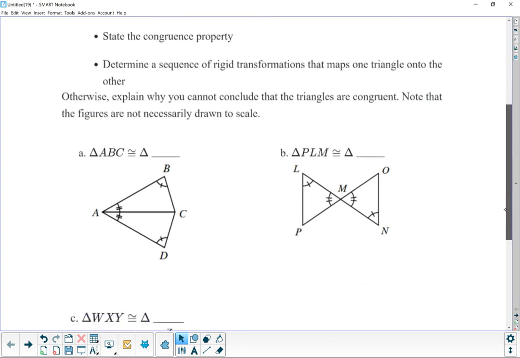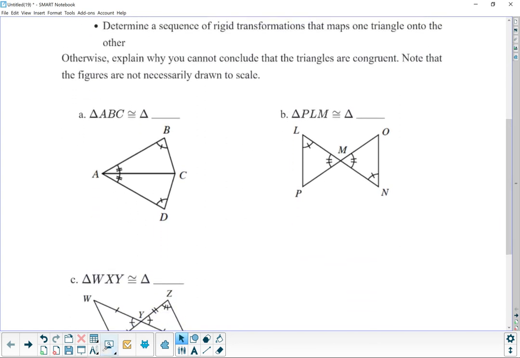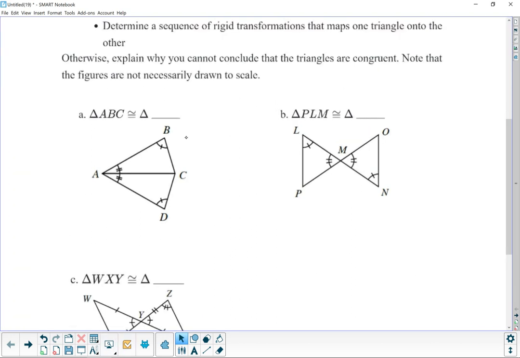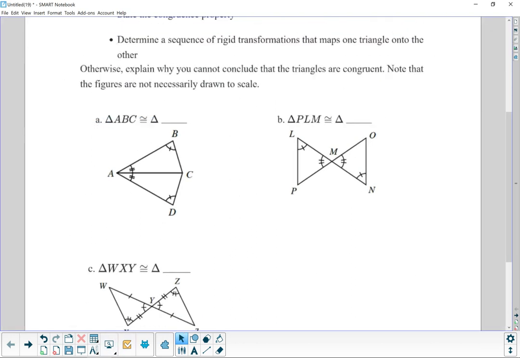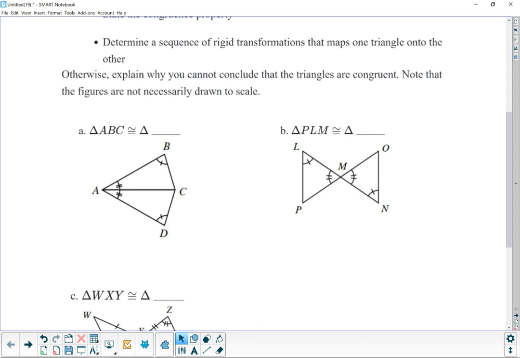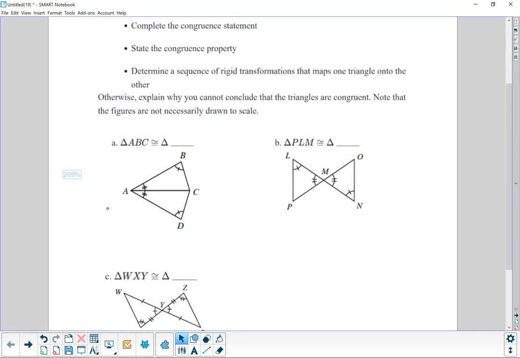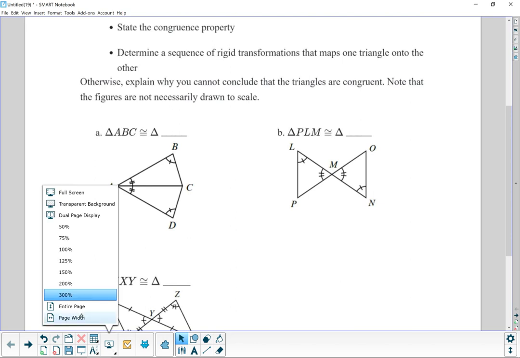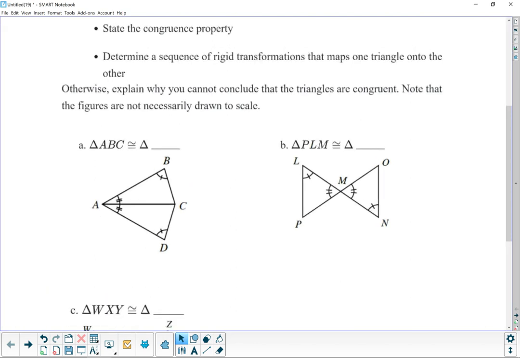So just examining this, looks like I'm going to look at triangle ABC.